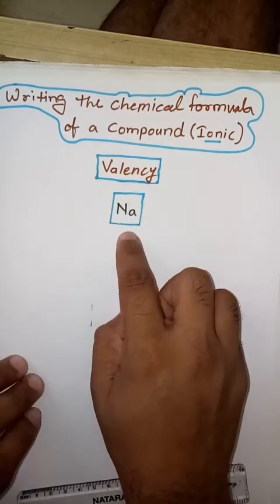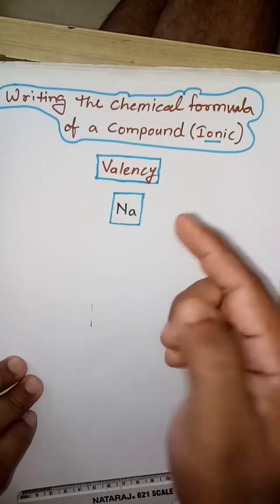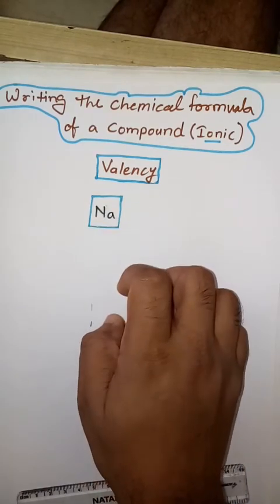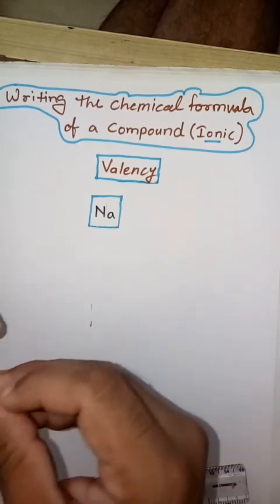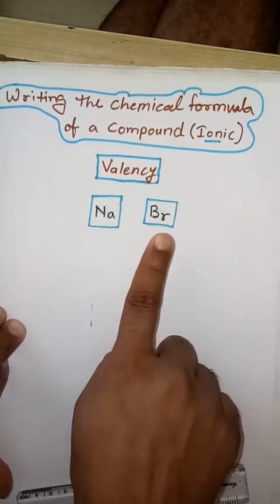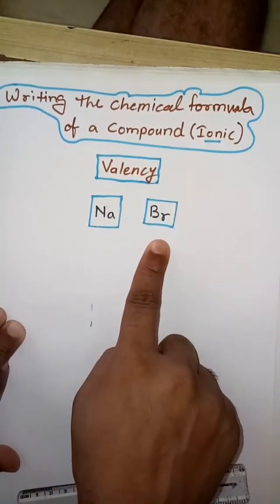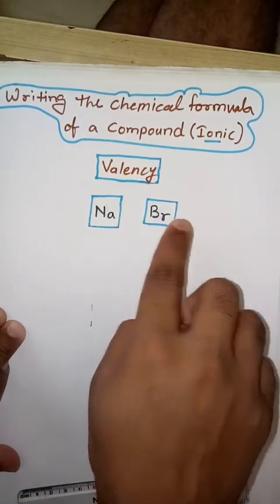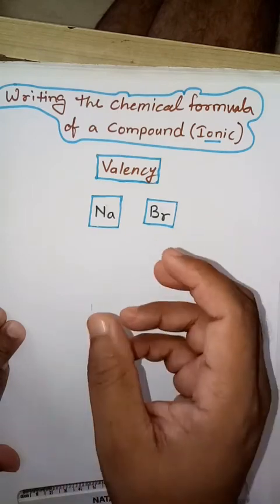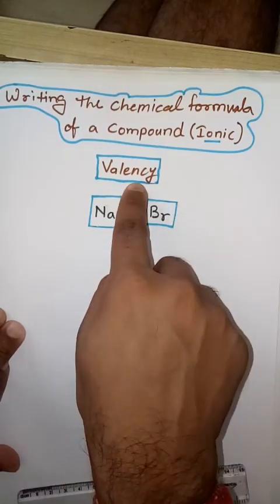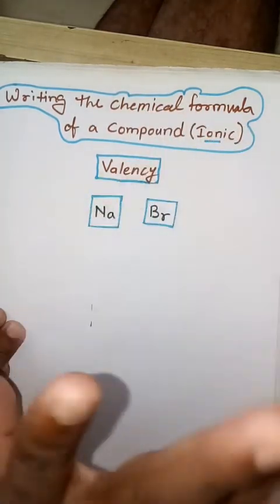So we know that sodium valency is 1 because it can donate 1 electron. Similarly, we know the chlorine atom, or even bromine, has the valency 1, but it's a negative valency. We say negative because it accepts negatively charged electrons.